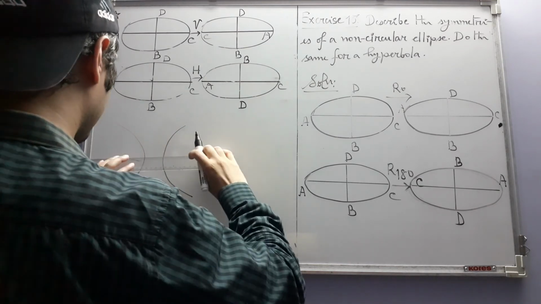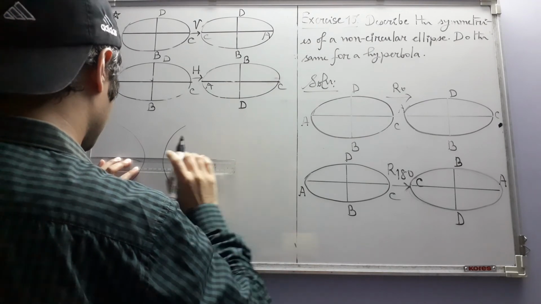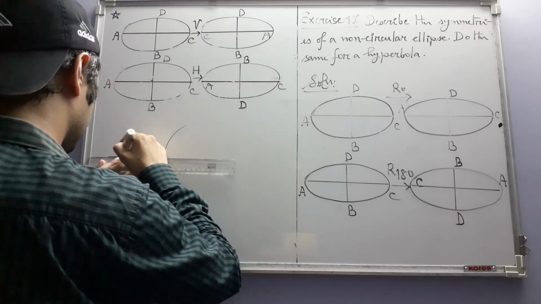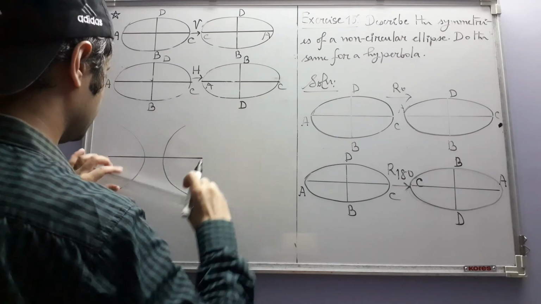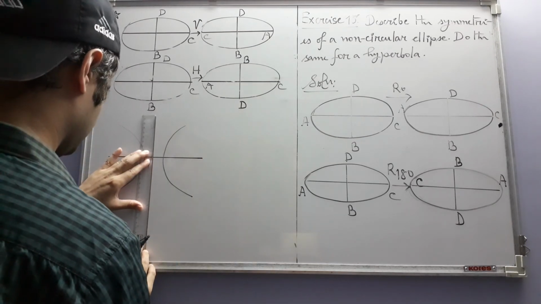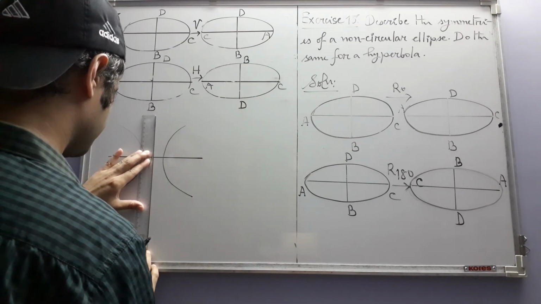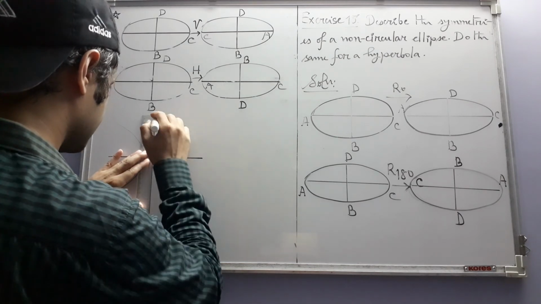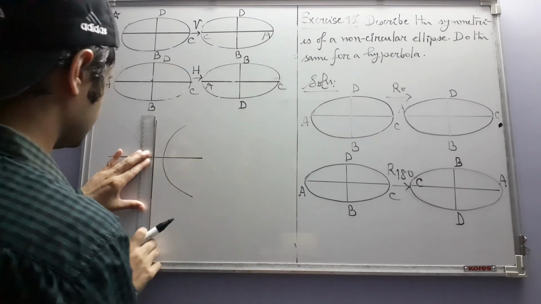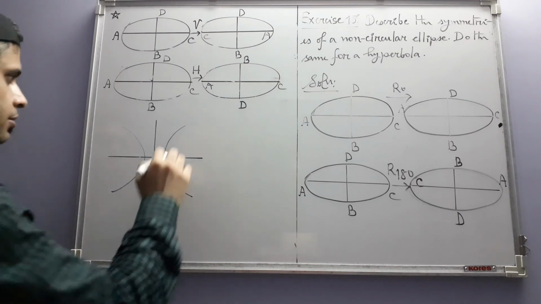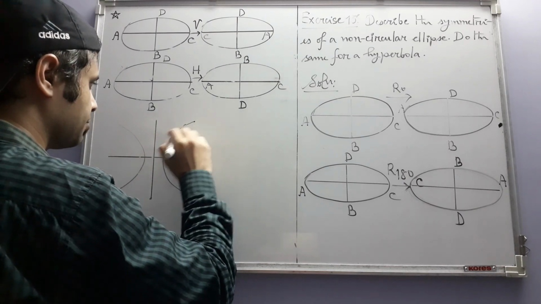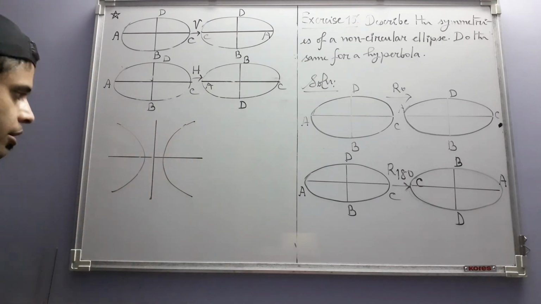Now, what points will you consider for a hyperbola? That is one question. You can always draw 2 axes like this, no matter how the hyperbola is drawn.